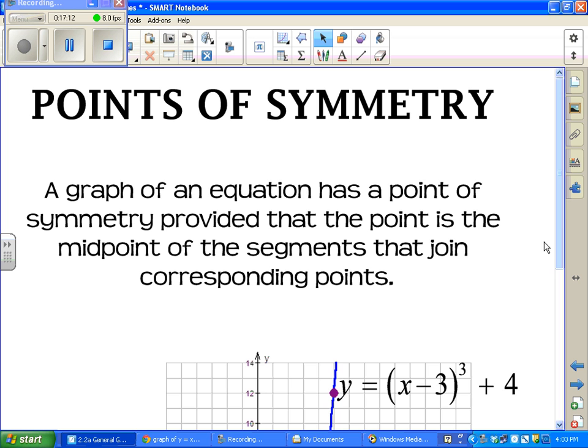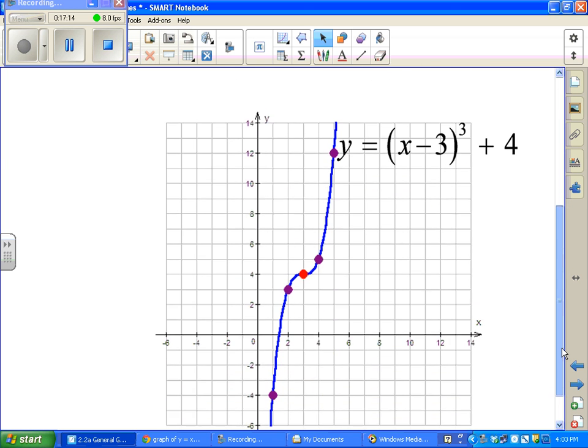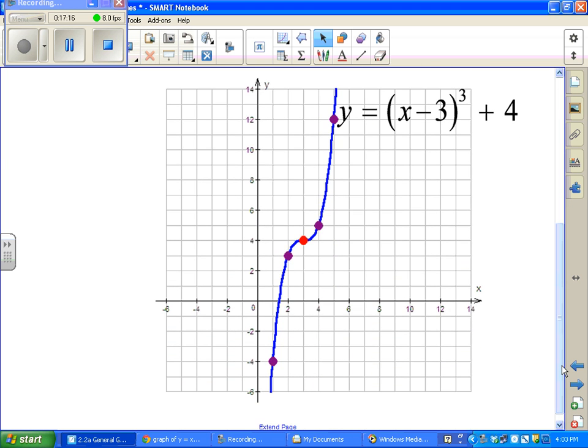So if we think about it in terms of a line and a mirror, then we don't quite have it right. But if you think about it in terms of this example, what you could do is connect corresponding points.